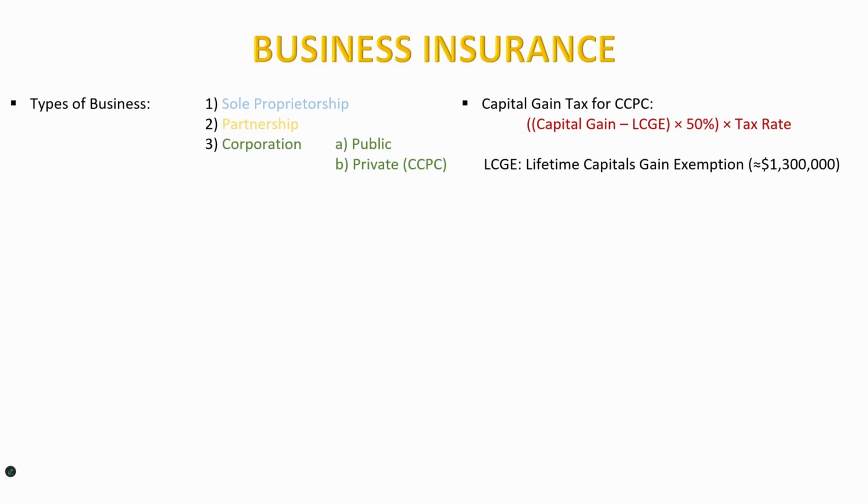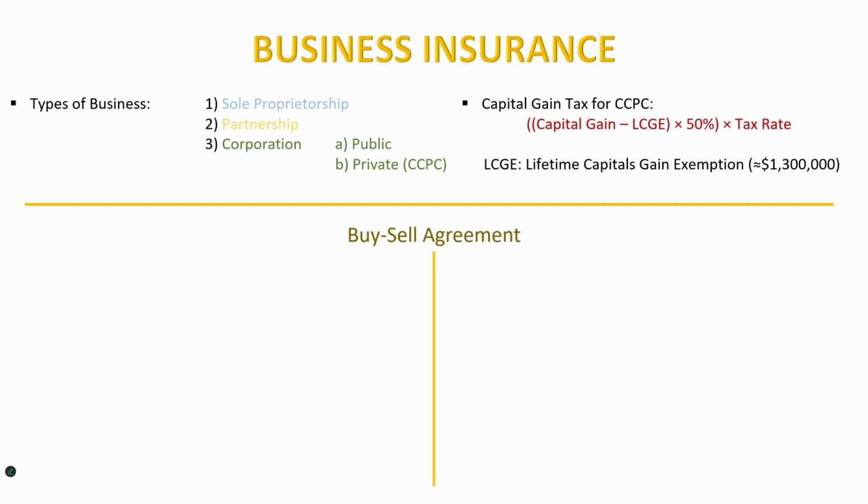And usually it's because they don't want their family to interfere in the business after their death, right? So we have something called a buy-sell agreement. And there's two major ones. You can study the book as well. It gives more context to it. But for you guys to understand, this is really important. There's one that is called a crisscross arrangement, which could be used for partnerships or for CCPCs.